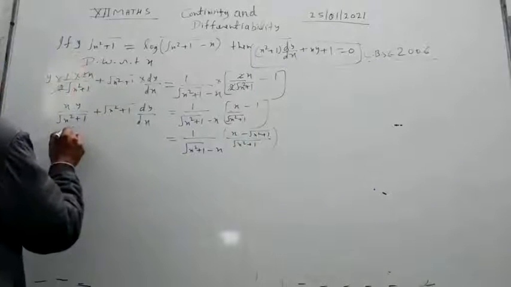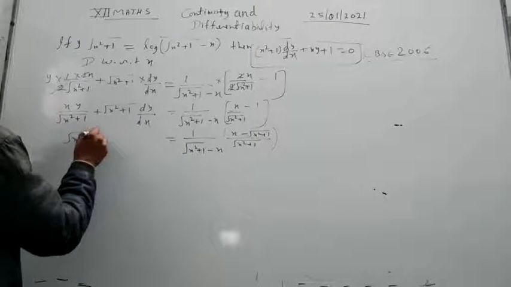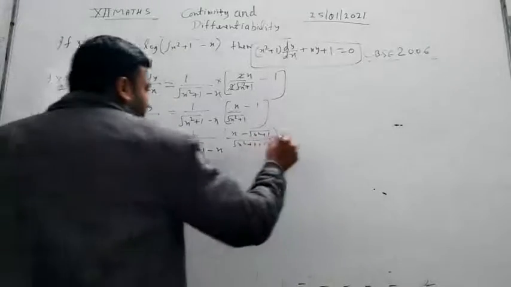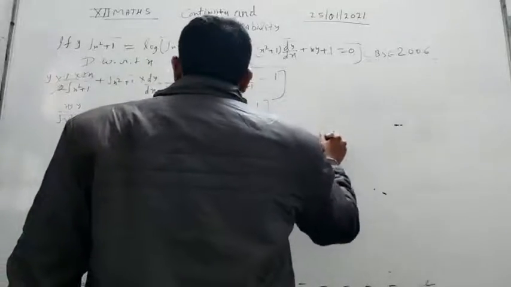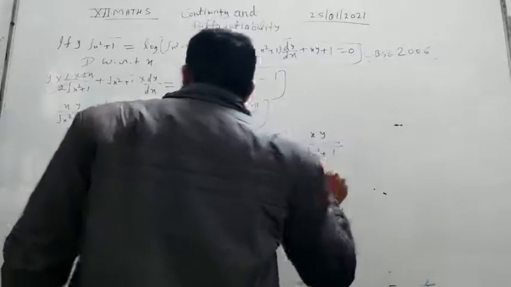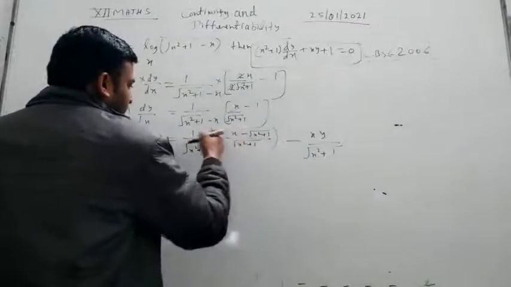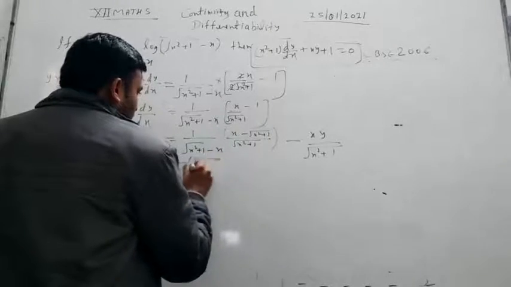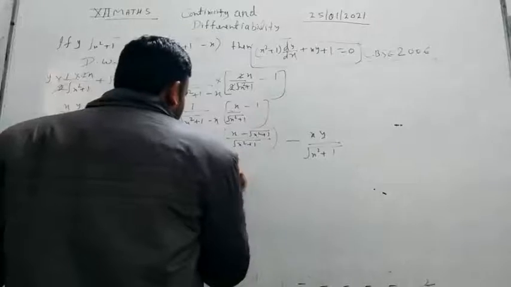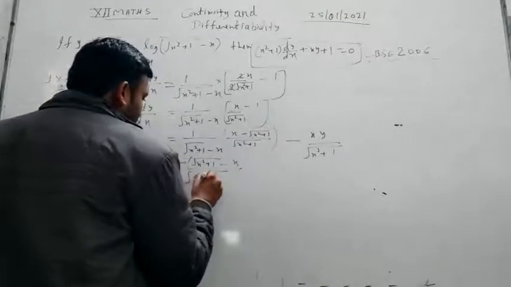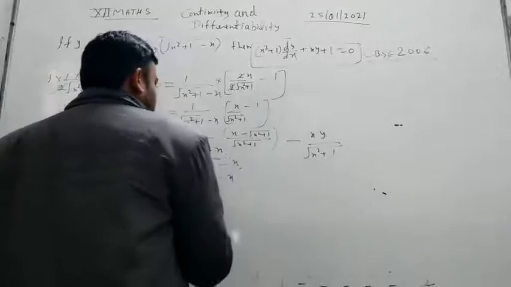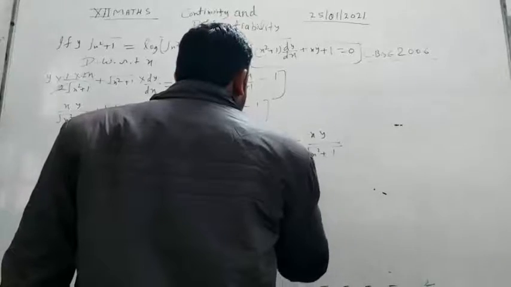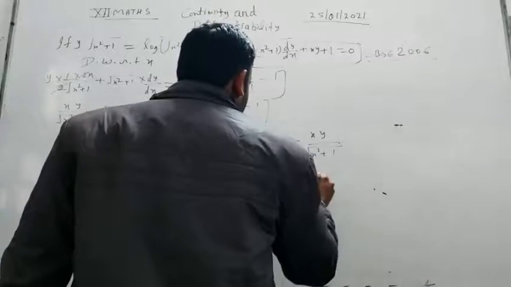Okay students, now this is root x square plus 1 dy by dx, and sending this to the right hand side, we get minus xy by under root x square plus 1. Now taking the negative sign outside, we get x minus under root x square plus 1 minus x by x square plus 1 minus x, and this is 1 by under root x square plus 1 minus xy by under root x square plus 1.